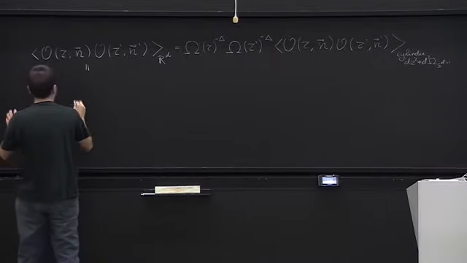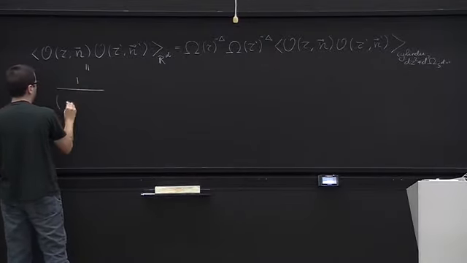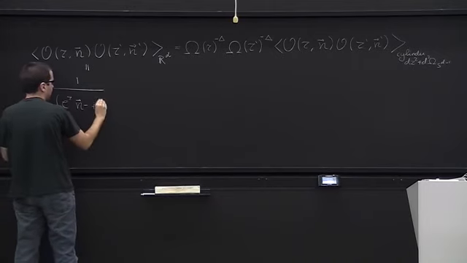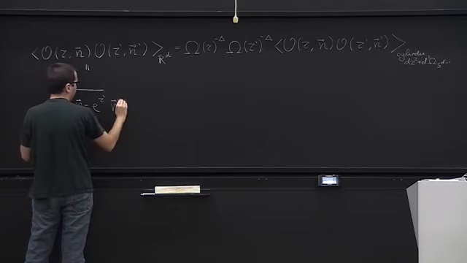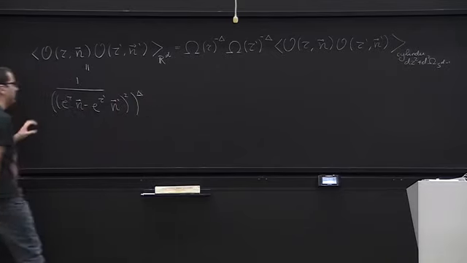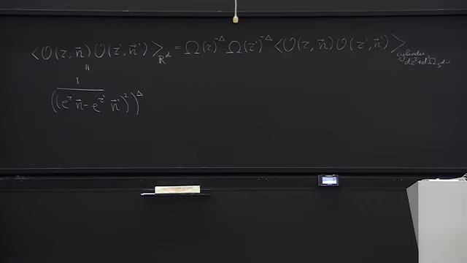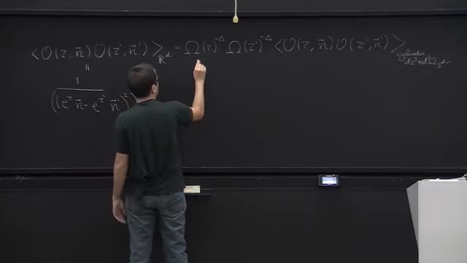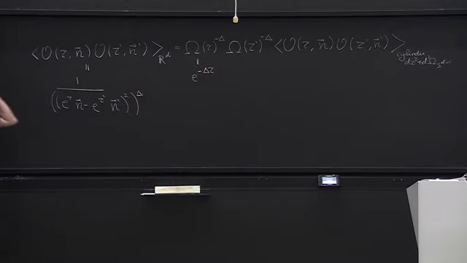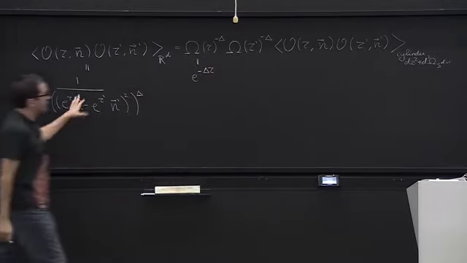The result is there. So this is just 1 over the distance between the two points, e to the tau n minus e to the tau prime n prime squared, to the power delta. This is just e to the minus tau delta, and similar for the other one. So it's a simple computation.